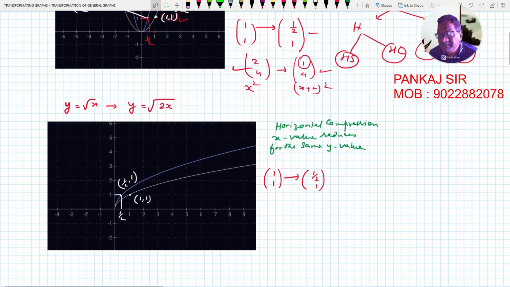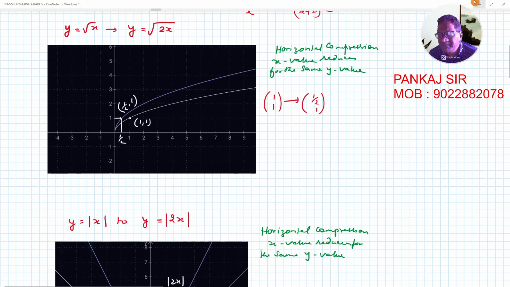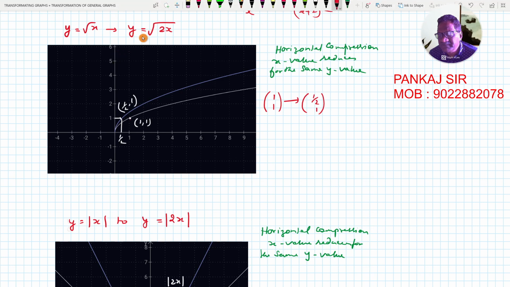Now let us try to understand this same thing with the second graph, that is the root x graph. So in root x, y = root of 2x. Again here in this transformation, I am multiplying x by 2. So this will also result in horizontal compression, because in general, when f(x) is transformed to f(kx), where k is positive, the x will be divided by k.